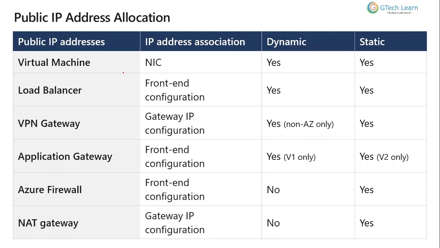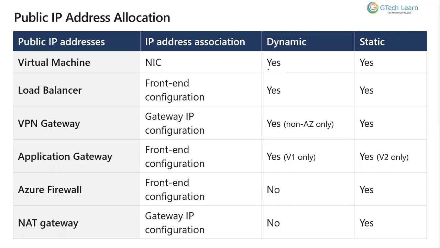When we are creating a virtual machine in the Microsoft Azure cloud, on the network interface card, we have the option to associate or allocate the public IP address and the private IP address as well. In the load balancer, we can configure the public IP address. In the VPN gateway, we can configure the public IP address on the gateway IP configuration. In the application gateway, we can set up the front-end IP configuration and allocate the public IP address.